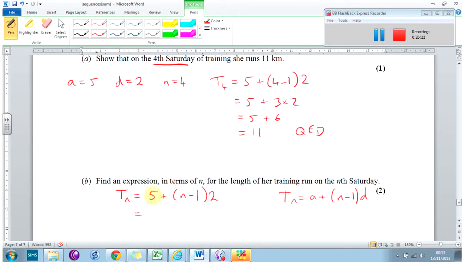Sue has got A is 5 and D is 2, so we can simplify it for our own purposes later on. So that's 2n minus 2, which is the same as 2n plus 3. And there are other ways of getting that, which are fine.